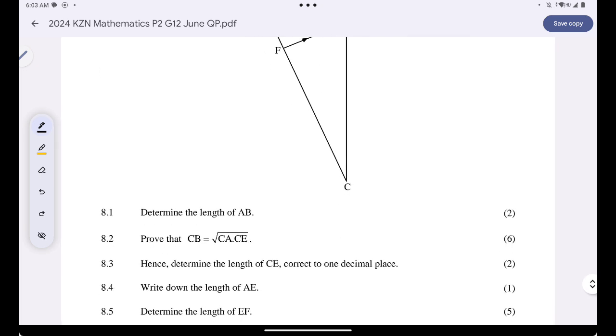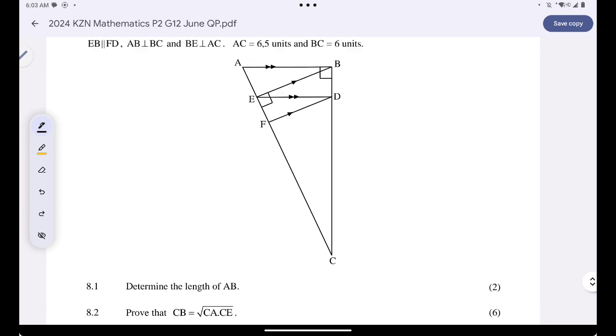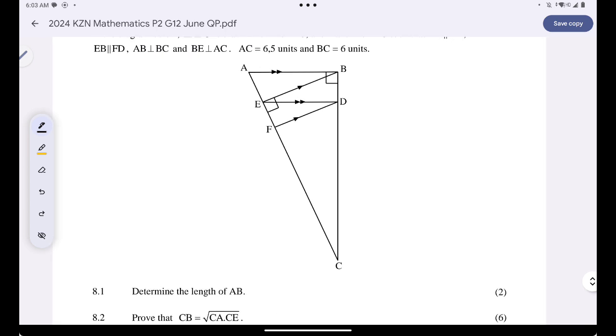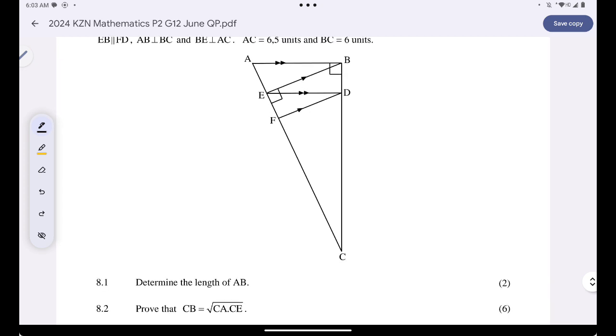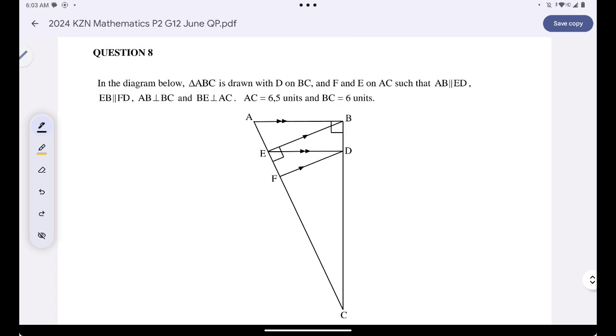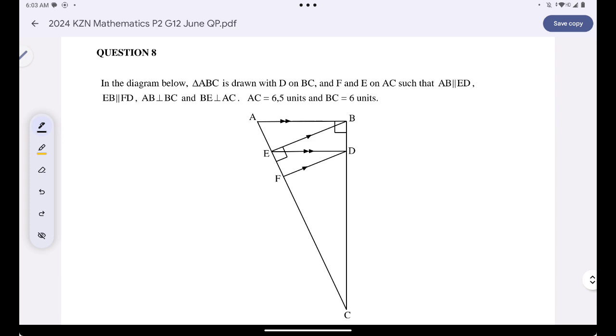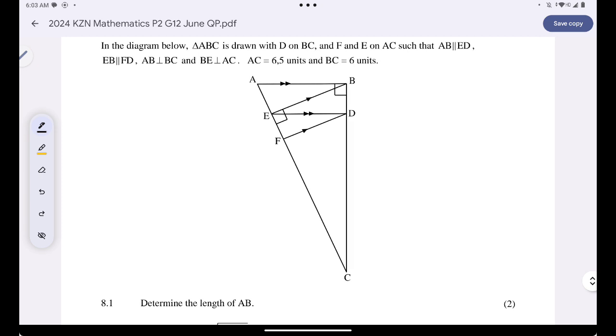Okay, I'm given a figure there. I'm told that in the diagram below, triangle ABC is drawn with D on BC and F and E on AC, such that we have parallel lines there, and perpendicular lines.